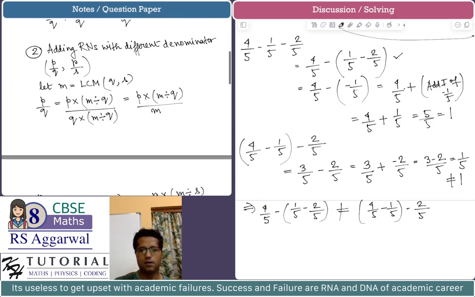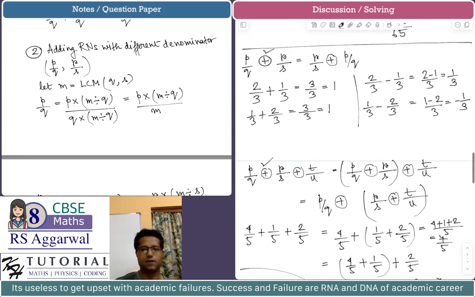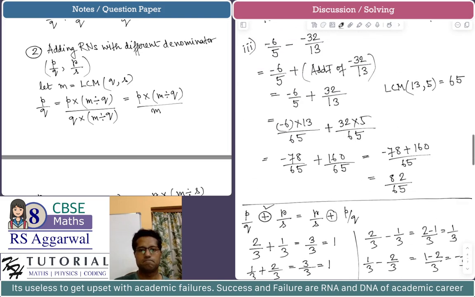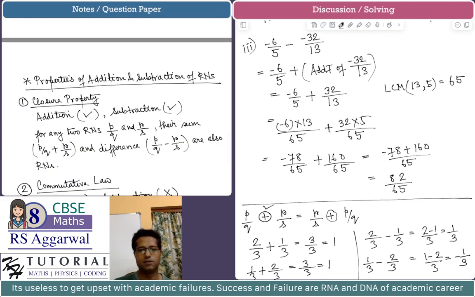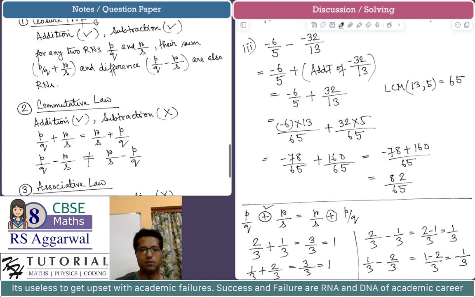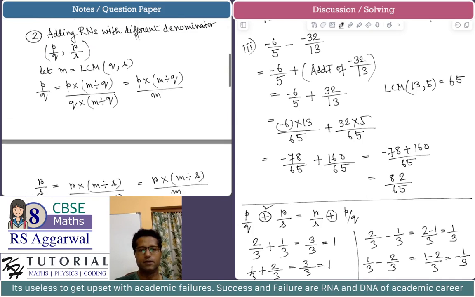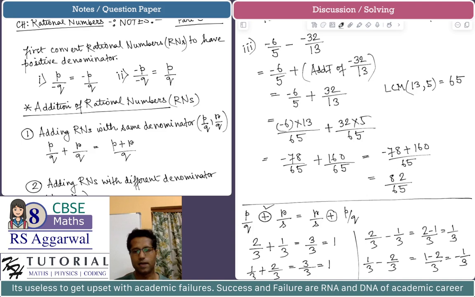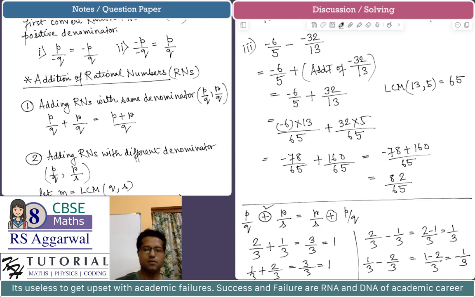I hope the examples I cited are good enough for you to understand adding and subtracting rational numbers, and the properties of addition and subtraction, that is closure property, commutative law, associative law, and the concept of additive identity, which is 0, and additive inverse, that is two rational numbers are additive inverse to each other if their sum is 0, and also that the only number which is equal to its additive inverse is 0.